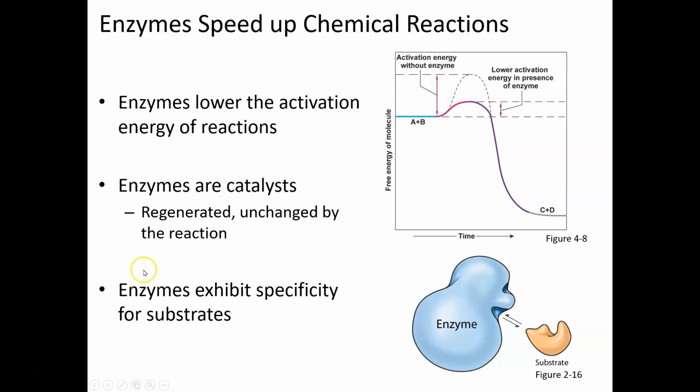And one of the things about enzymes is they exhibit specificity. Now, when we talked about transporters for both passive and active transport, we said, well, most of the transporters are protein transporters. And as a protein transporter, it's going to have three basic attributes. One, it's going to exhibit specificity.